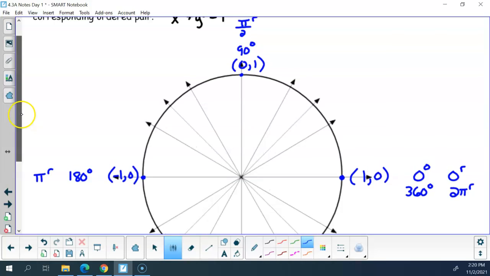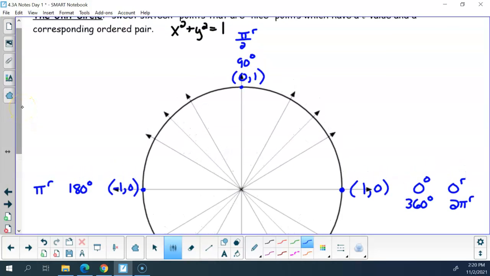Let's go back up to the top half of the unit circle. We cut it in half. Now let's cut our half in half. So what's 90 cut in half? 45. So this one is a 45-degree angle.